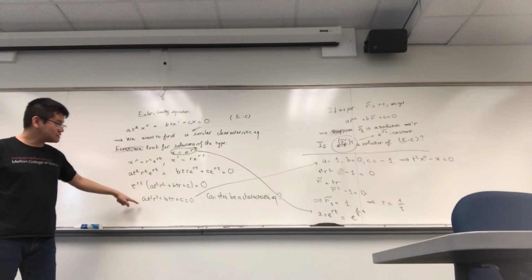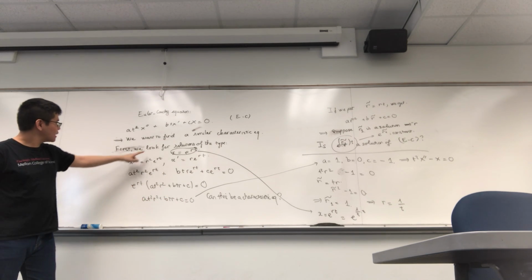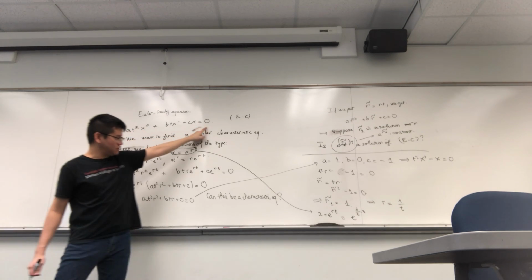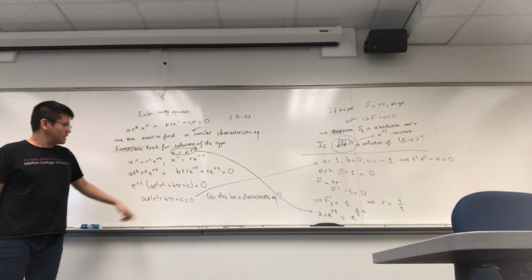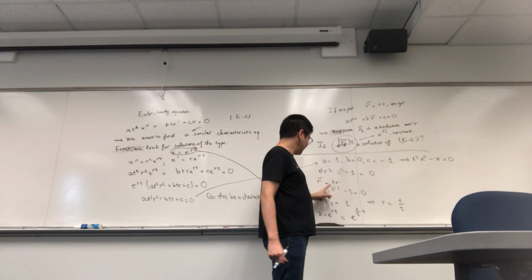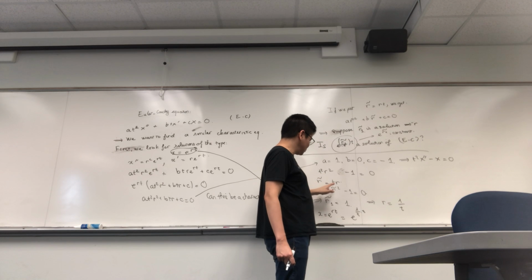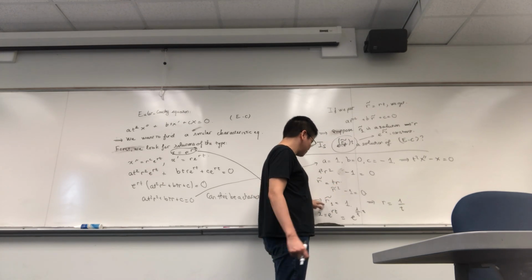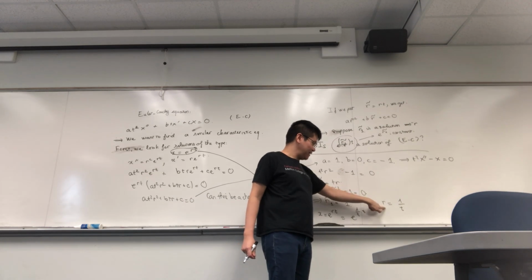So you have t squared x second minus x is 0. The equation that you get here is t squared r squared minus 1 is 0. And you put r tilde to be tr, then r tilde squared minus 1 is 0. So r tilde should be 1. In this case, r will be 1 over t.